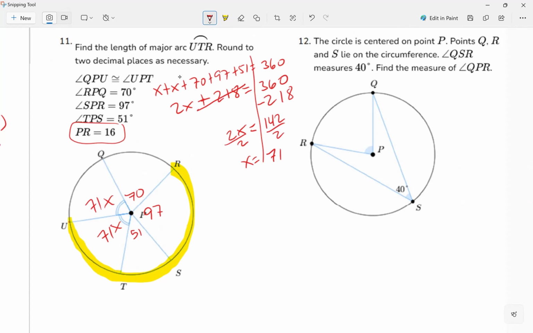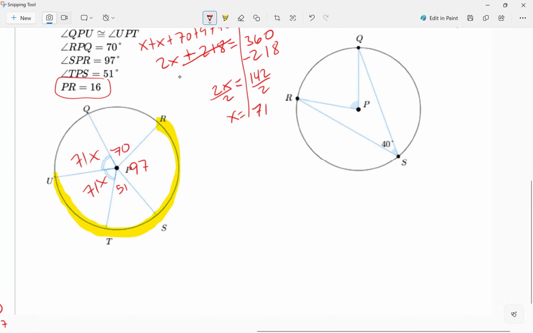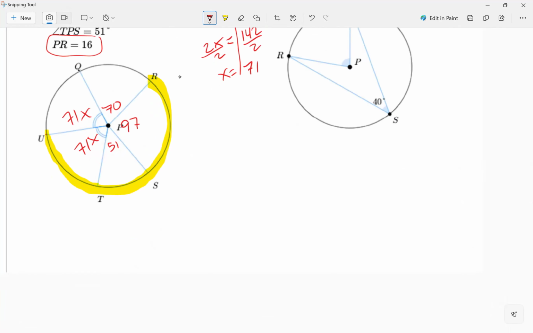Let me read the question again. So find the length of the major arc UTR. The length of the arc. Round to 2 decimal places if necessary, okay? Now, one thing that we know is the length of the arc divided by the measurement of the arc.